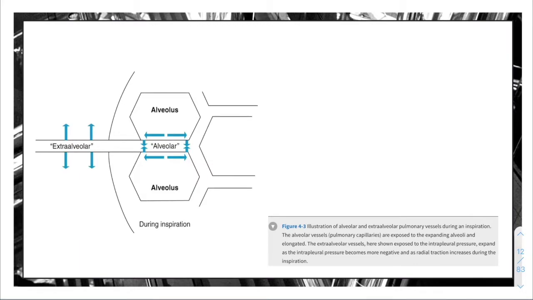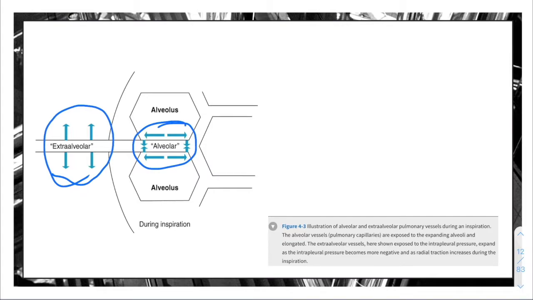In the lungs, there are two types of vessels that are seen here. You have your extra-alveolar vessels outside your alveolus and your alveolar vessels in between your alveoli.